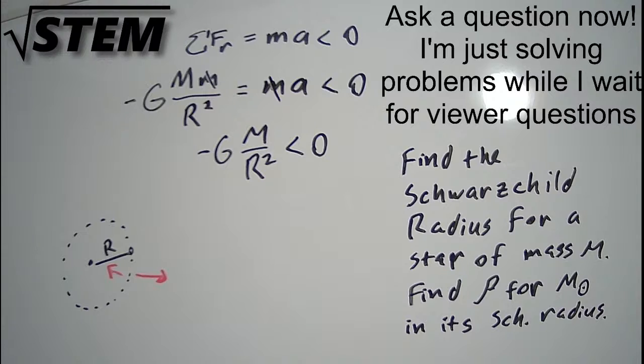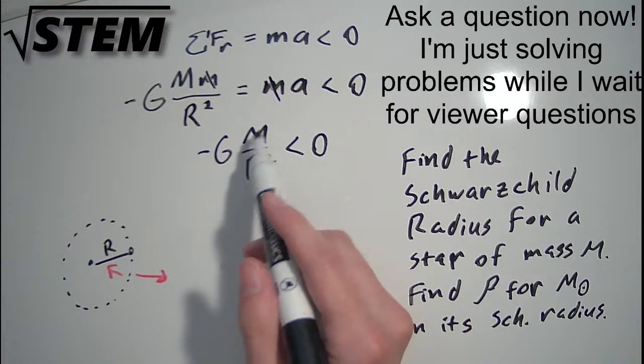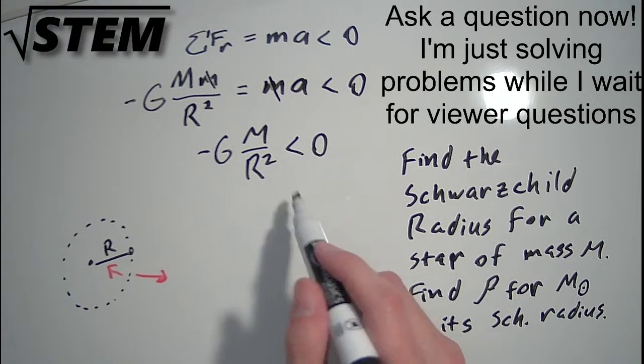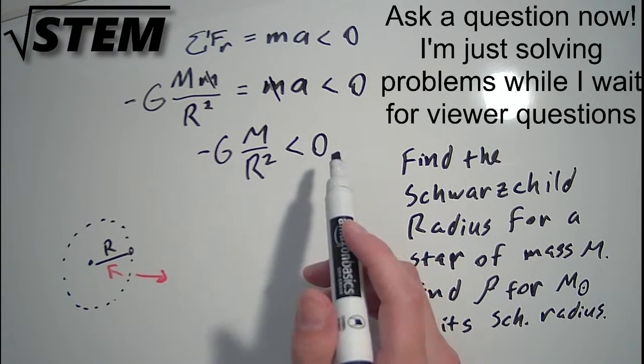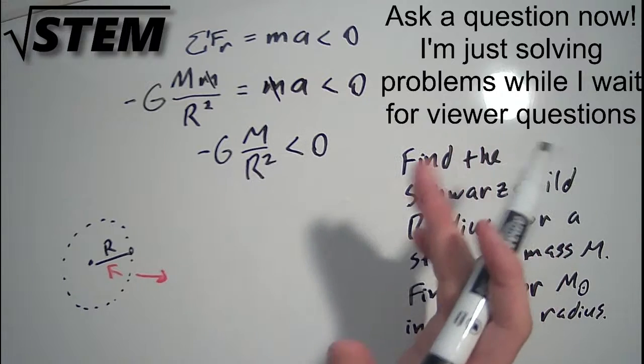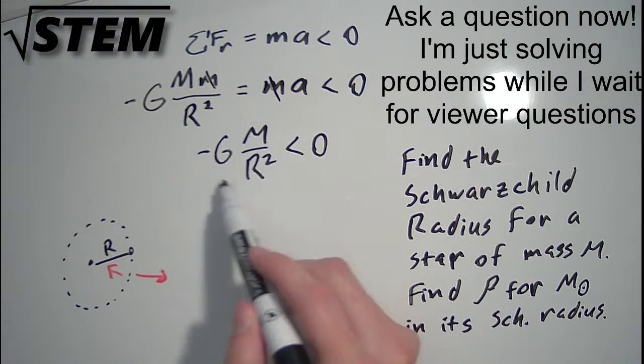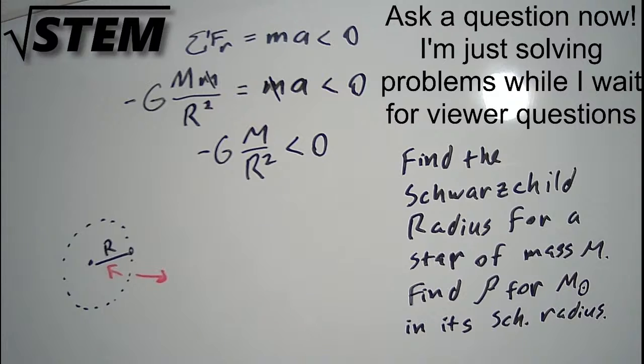But that doesn't really give us anything that we can solve. We could add it to the other side and have 0 is less than positive this. But all that's really telling us then is these three numbers together do not equal 0. I don't think this is quite the right way to go.